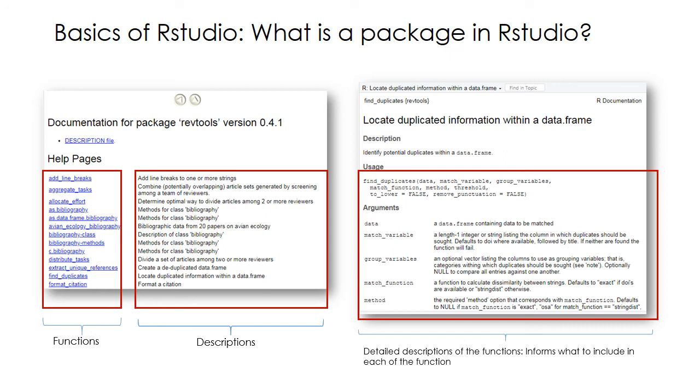Basically you need to tell it to include your data set, and which variable you are matching on to see if they are similar or not. There might be more information requested, and what needs to be included is listed under the package description. The detailed description of the function, and what to include under each function, is presented under the package.